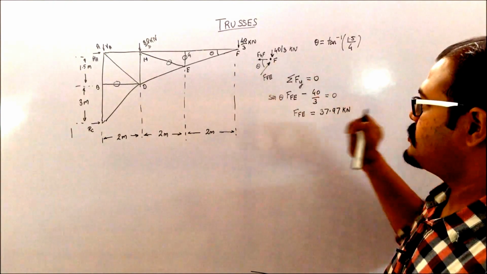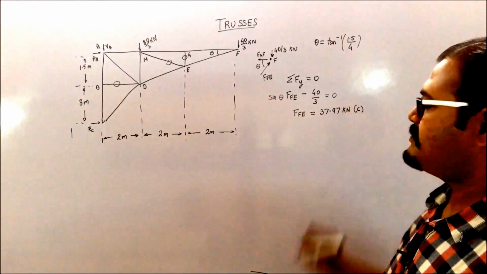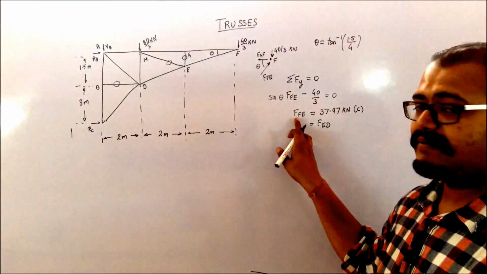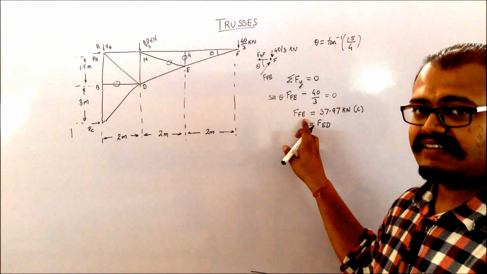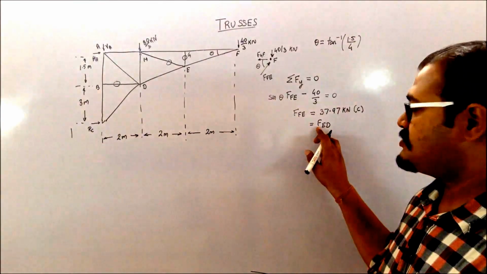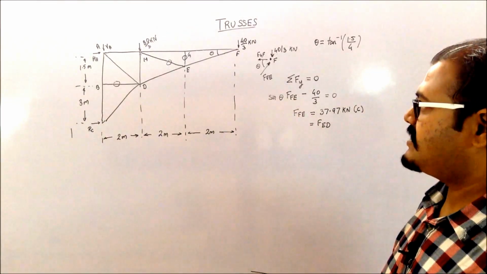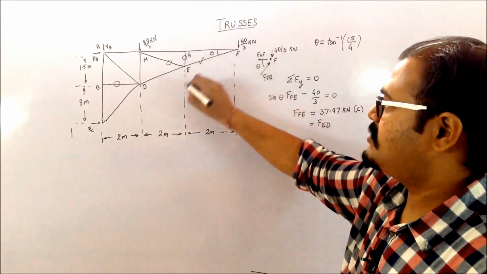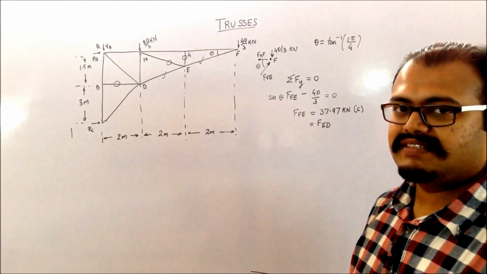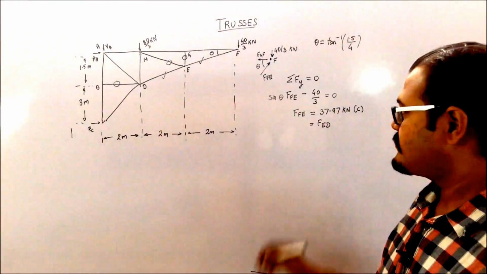Now since it is going towards the joint, it's going to be a compression force. If you can recollect, my FFE, that is force in FE, was equal to the force in member ED. So that is why I have got these two values directly. So basically I have found out these two members in one go itself.